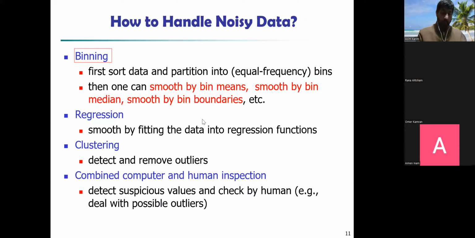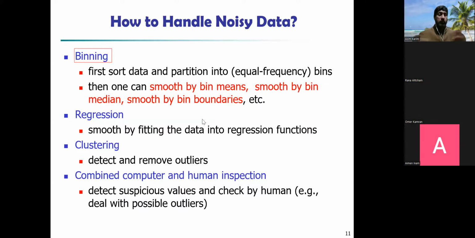But let's say you have somehow decided that the data is noisy and you would like to fix it. There are some very simple techniques, usually from smoothing, that you can apply to smooth out the data.